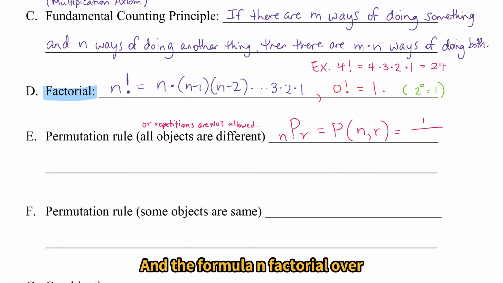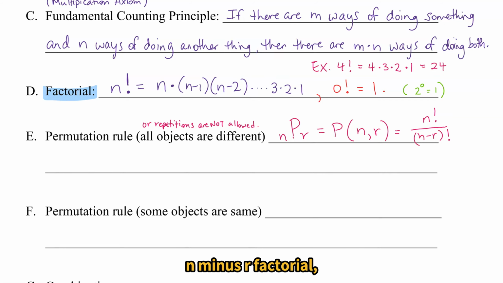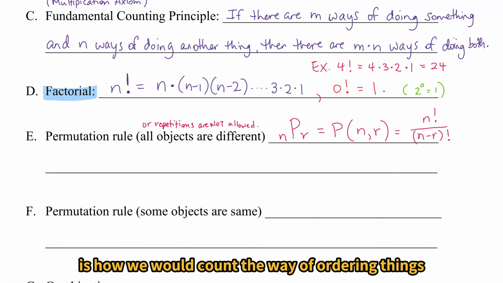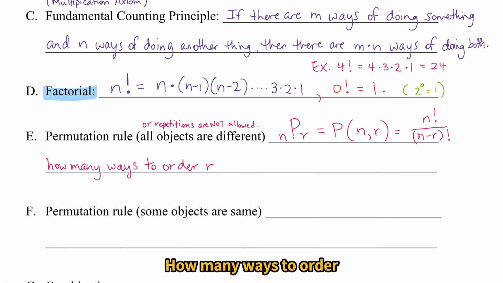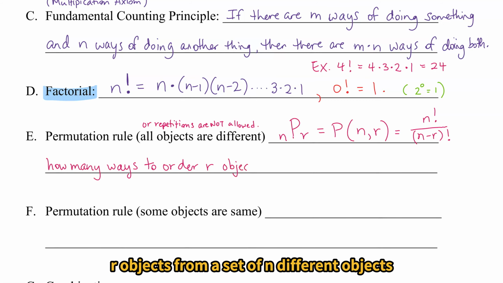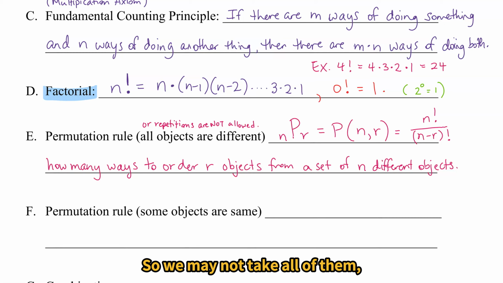And the formula n factorial over (n minus r) factorial is how we would count the ways of ordering things if everything is different. How many ways to order r objects from a set of n different objects? So we may not take all of them if r is smaller than n. We don't have to take all of them.